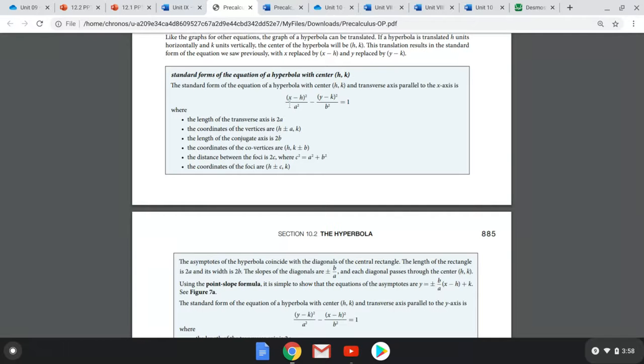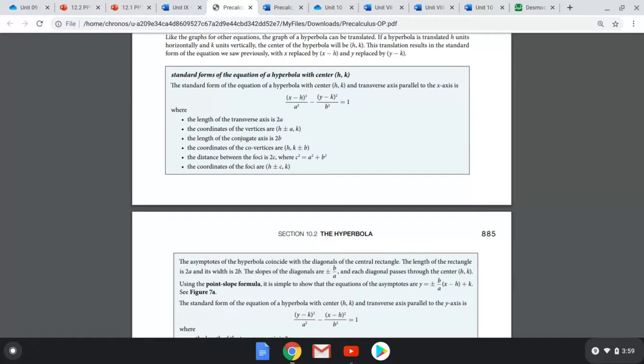So with ellipses, we always knew that A was half the length of the major axis, or specifically the distance from the center to a vertex. It's still going to be the distance from the center to the vertex, but it doesn't have to be bigger than B.